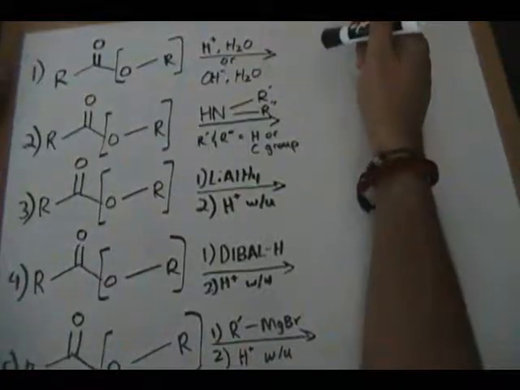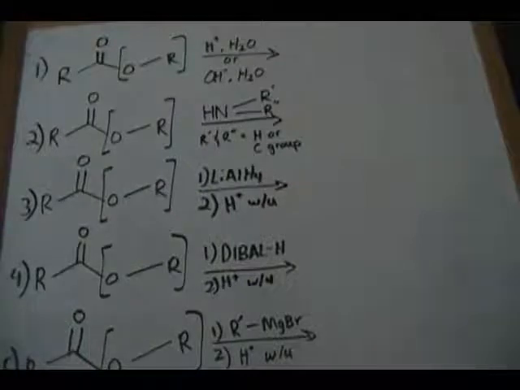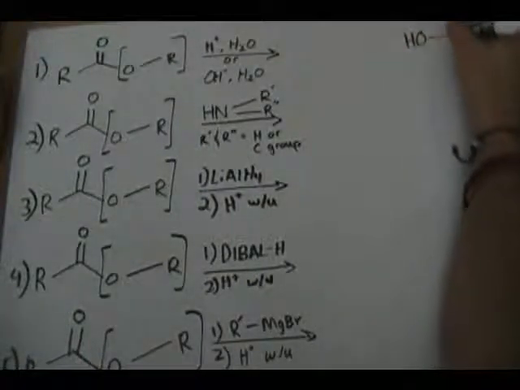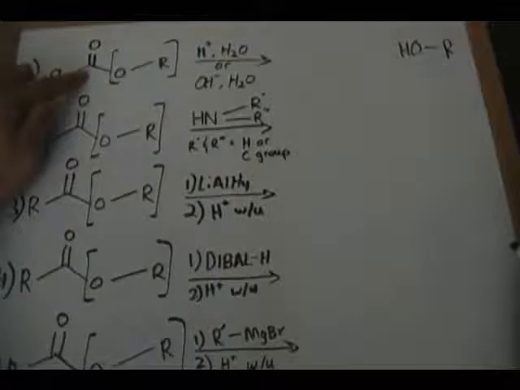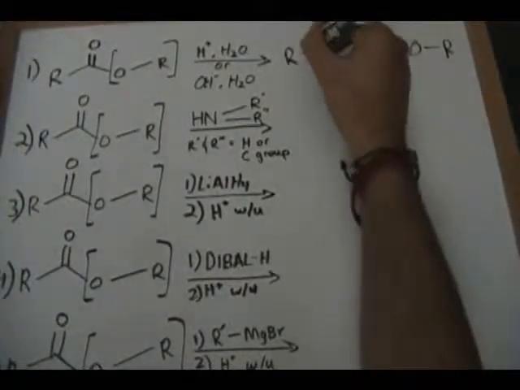Okay, and the product that you'll form, again, will form our alcohol from this piece. We'll form our alcohol from that piece. It will be OH R. Okay, and the other product we'll form, all you have to do is attach an OH group to this carbon of the carbonyl, so you form a carboxylic acid.